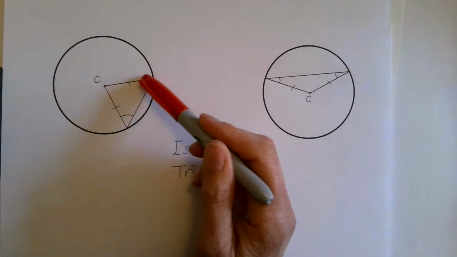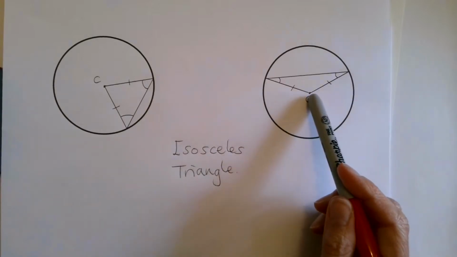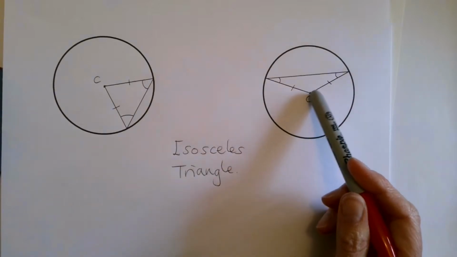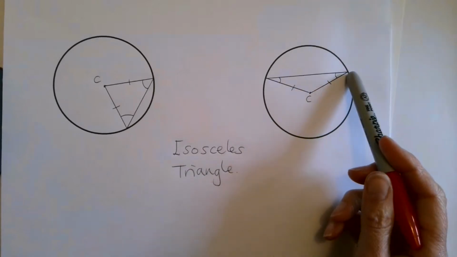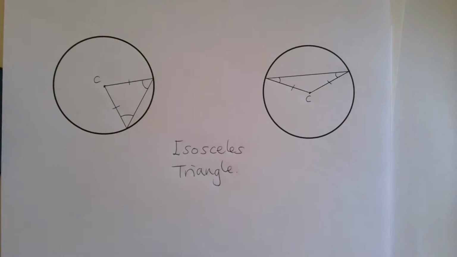It's because these two sides are both the same as each other. Both of them represent the radius of the circle. And although this looks different, it's exactly the same sort of thing. We've got a wider angle in here, but we've still got a radius there and a radius there. So those two angles are the same as each other. So in both cases, we've got an isosceles triangle.